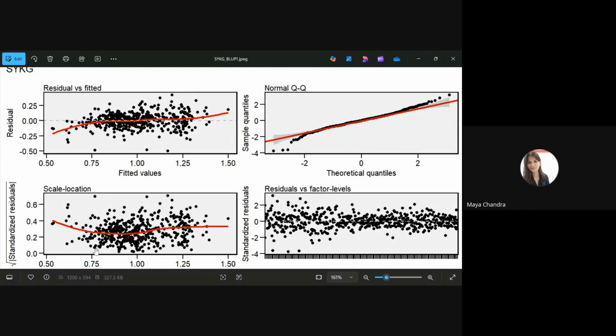Sir, in the first graph, how will we know which are the observed values and which are the predicted values? As I told you, that zero line is there. From that 0 line, your data points are not deviating.